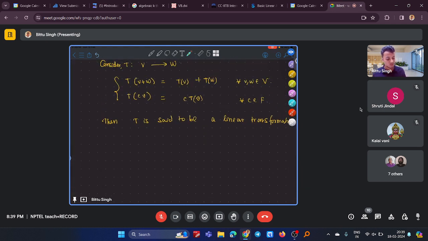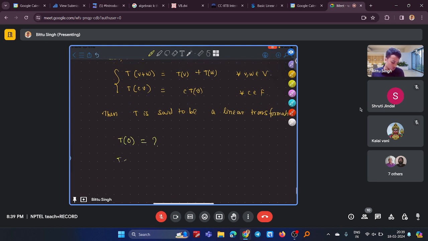So the natural question is, where will 0 go under a linear transformation? So let us see. T of 0 plus 0 is the same as T of 0 plus T of 0 by this property.